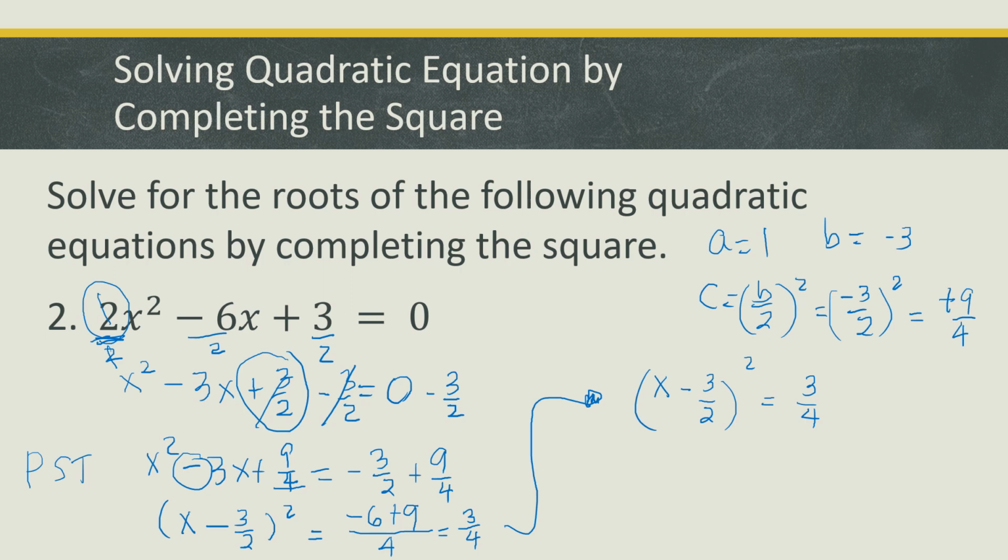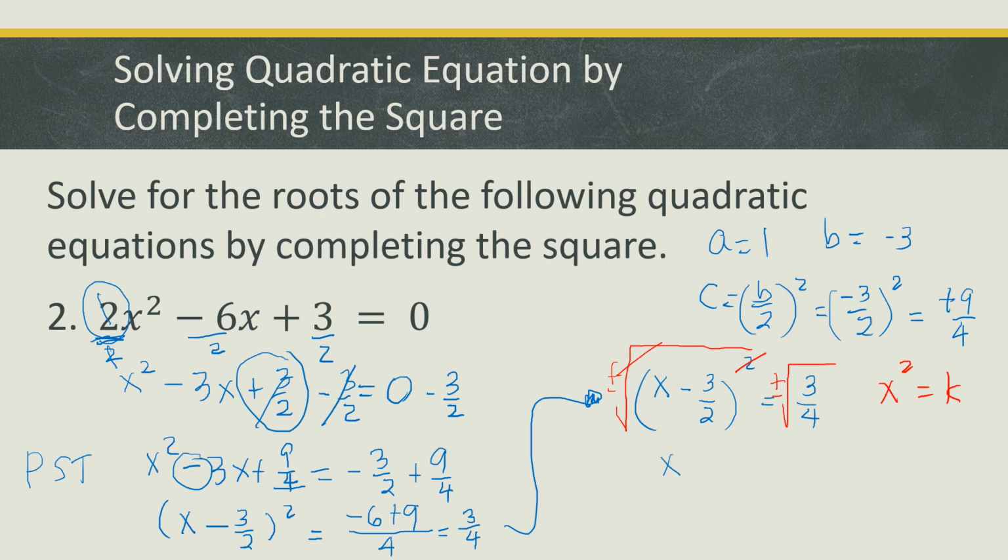Again, using the extracting square root, because we have the x squared is equal to k form, we need to extract the square root of both sides. As we can now cancel this out, the square.